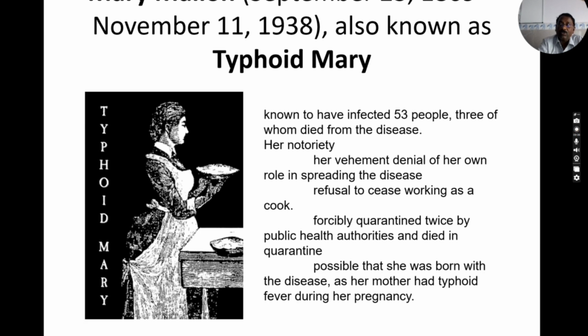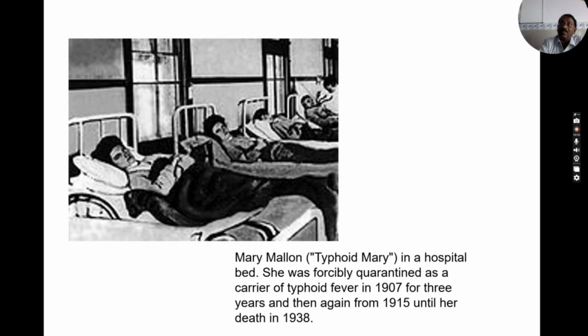She was a cook and responsible for the transmission of the disease to a few thousand people, and some of them also died because of this disease. She was quarantined twice. Mary Mallon, also called Typhoid Mary, in a hospital bed. First, she was forcibly quarantined as a carrier of typhoid fever in 1907 for 3 years.